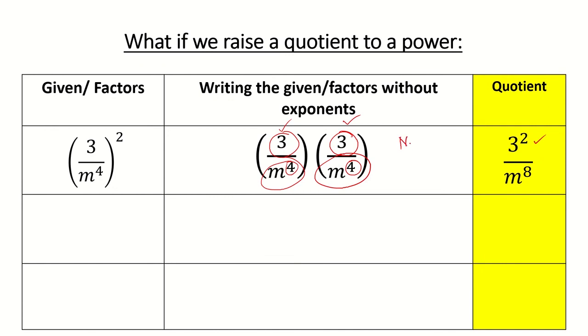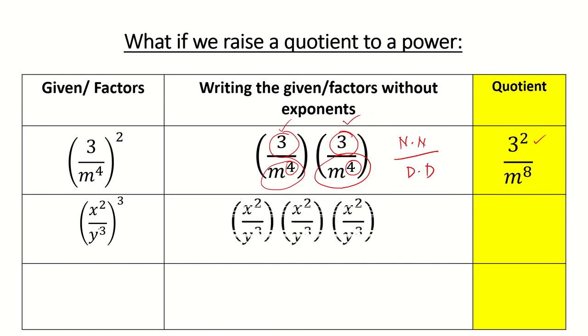So don't forget, bakit tayo nagmo-multiply ng mga numerators? Multiplying fraction means numerator times numerator, denominator times denominator. Okay, paano naman kung the cube of x squared over y cube? Ibig sabihin nun, yung x squared over y cube, we multiply it by itself 3 times.